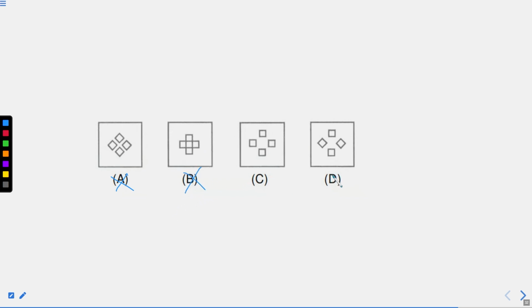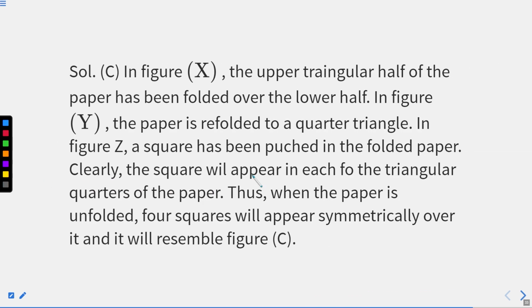About this and this, but you can see this. See, here the square is similar. This square is similar, but these two squares are different. So which one is going to be the correct option? This one. All the squares should be the same, right? Here option C is your answer.